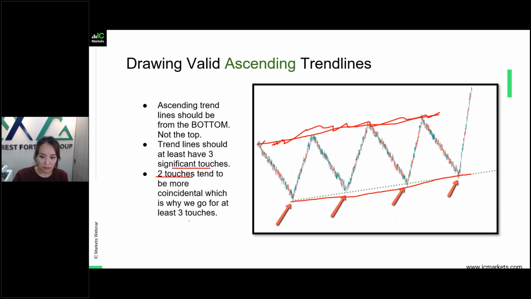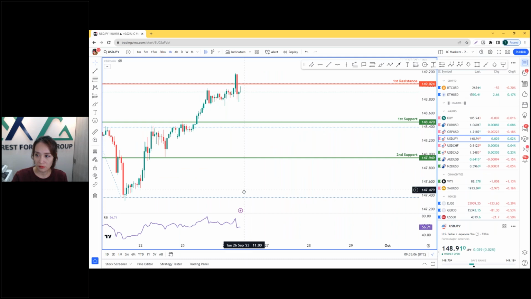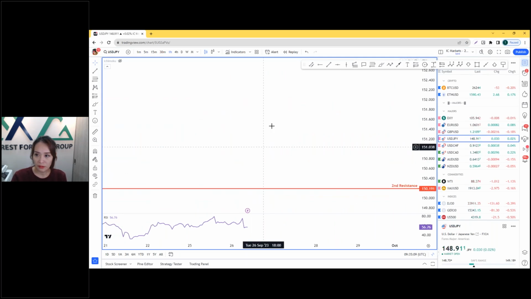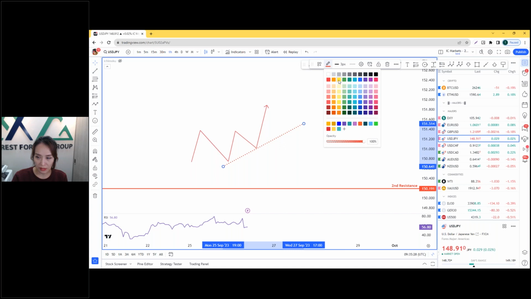Because like I always say, if you only find trend lines with 2 touches, what do I mean? For example, let's say you draw the trend line, which I will put in green color.